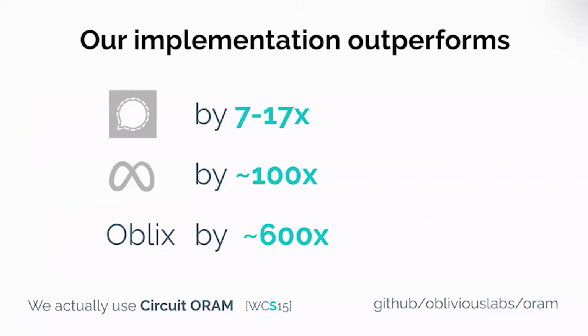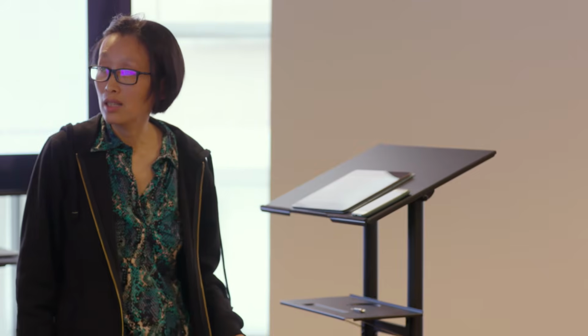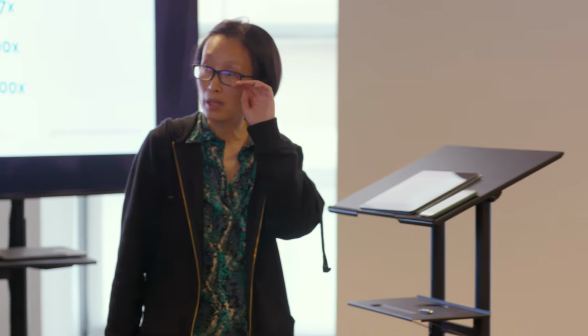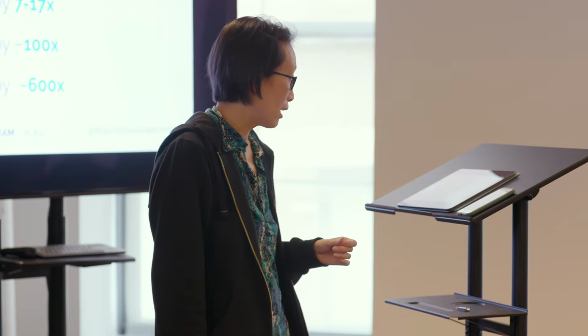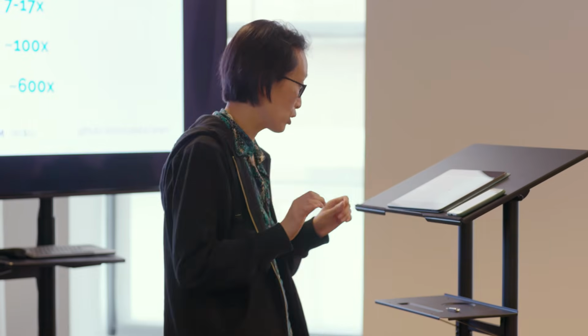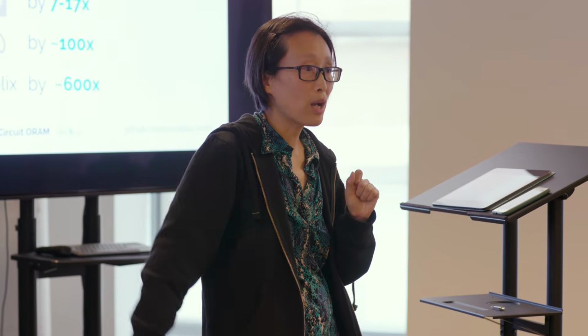It actually makes a big difference in practical performance, because you get an asymptotic improvement in this external memory computing model. This is one of the reasons why our implementation can outperform the others by a large factor. Of course, we also have other algorithm optimizations. I also want to mention our algorithm uses circuit ORAM rather than path ORAM.